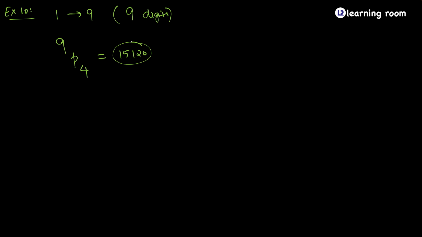But the answer given there is 3024. That was 9P5. So 15120 divided by 4. How much is it? 3240 is the answer, no? Yes.